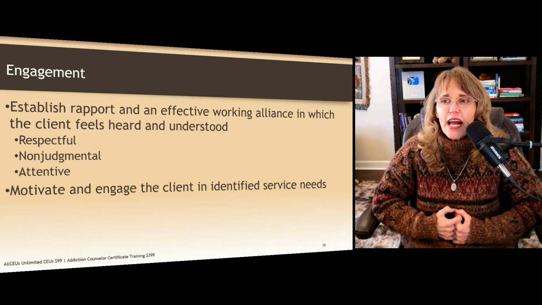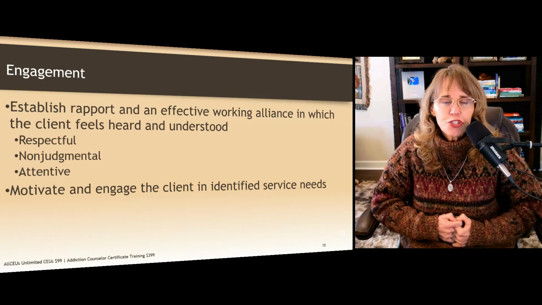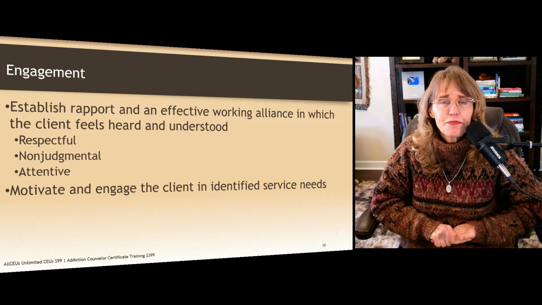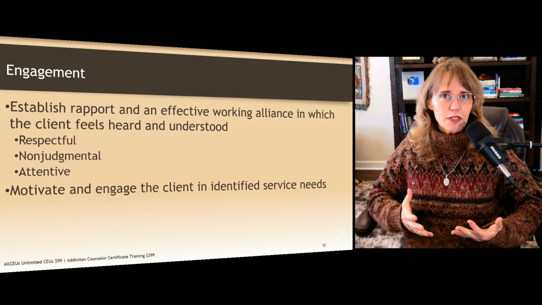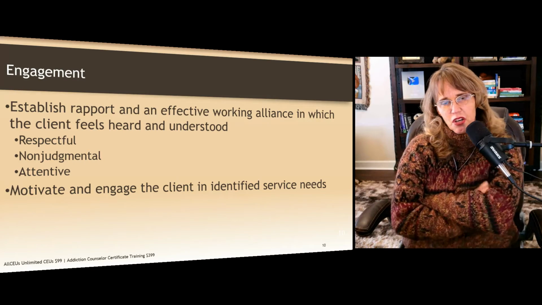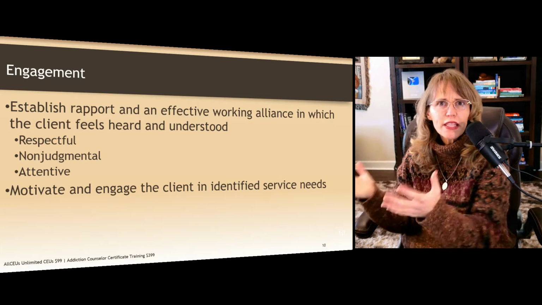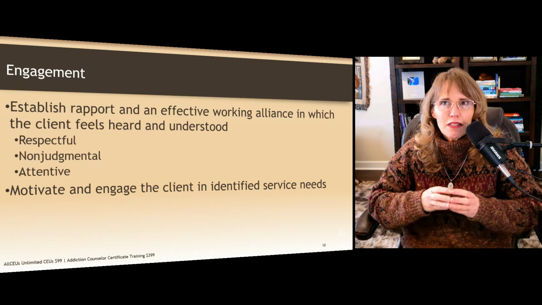Establish rapport and an effective working alliance in which the person feels heard and understood, being respectful, non-judgmental, and attentive. Respectful nonverbals. Again, you want to communicate that non-verbally, not being closed off, not just looking at your computer. Treat them like a human being. You want to be non-judgmental.